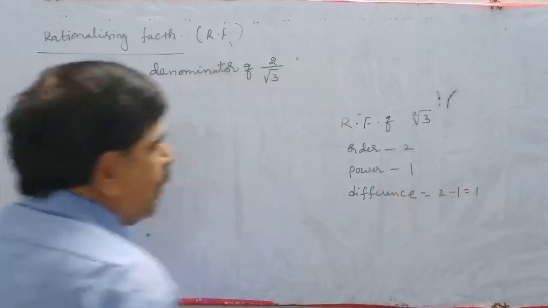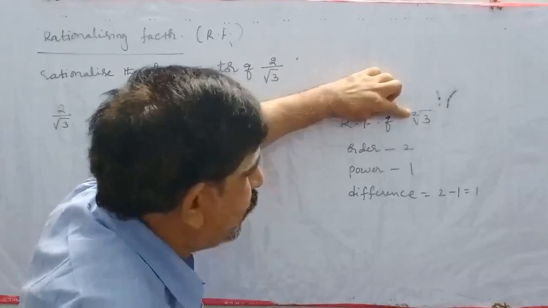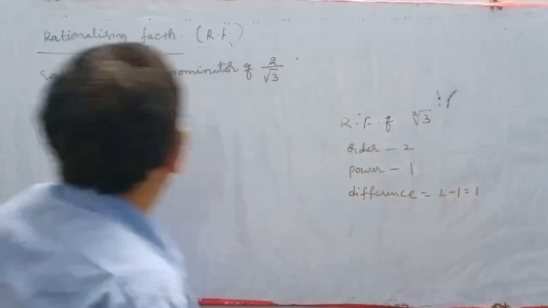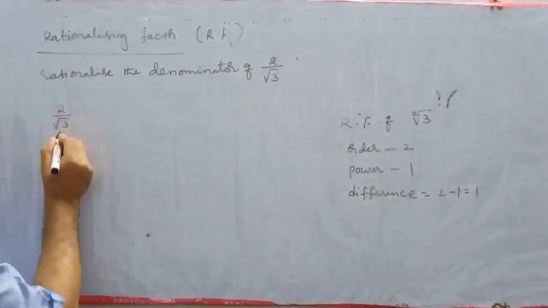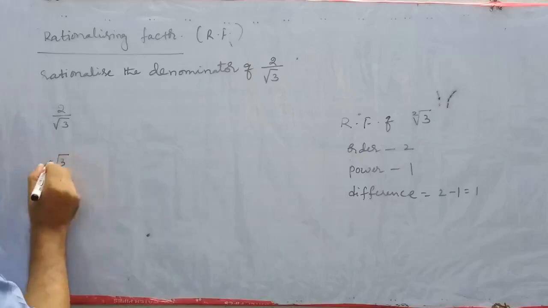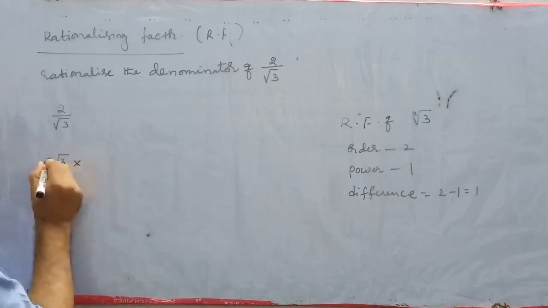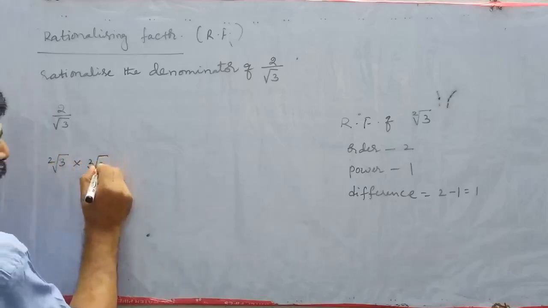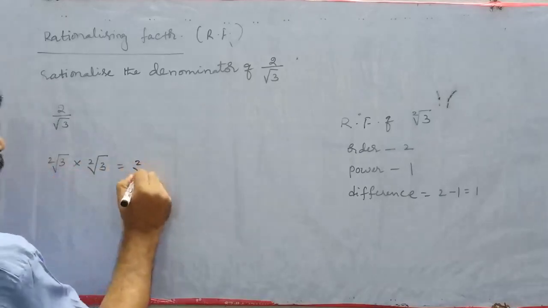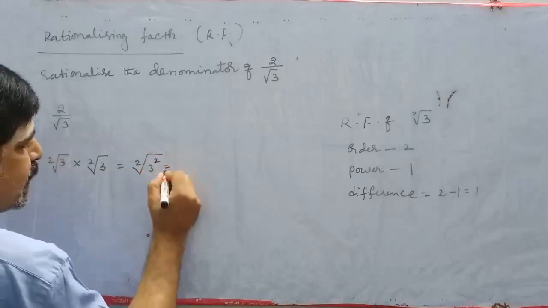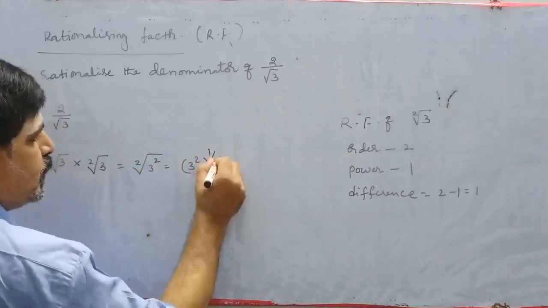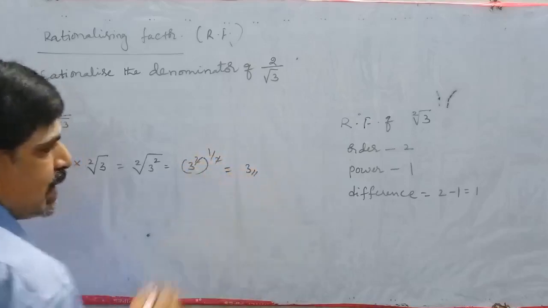Now with the same order and radicand power 1, 2 by root 3 into square root of 3. So that is equal to how much? Square root of 3 square, which is 3 square whole to the power of 1 by 2. So 2 gets cancelled. 3 is the rational number.